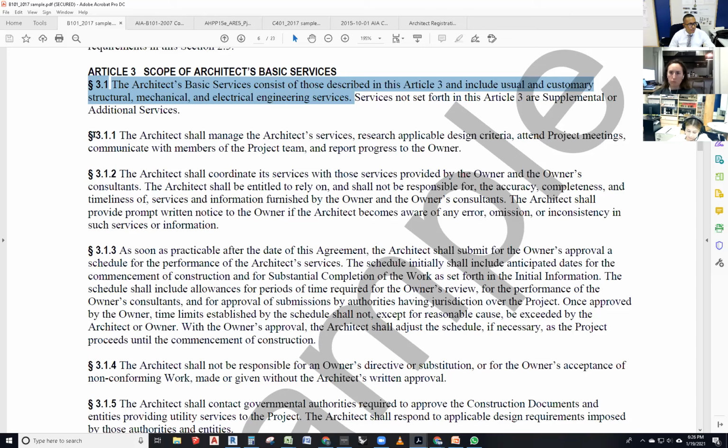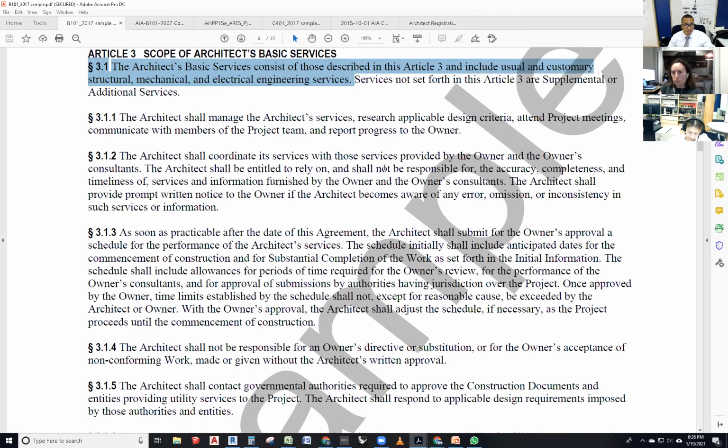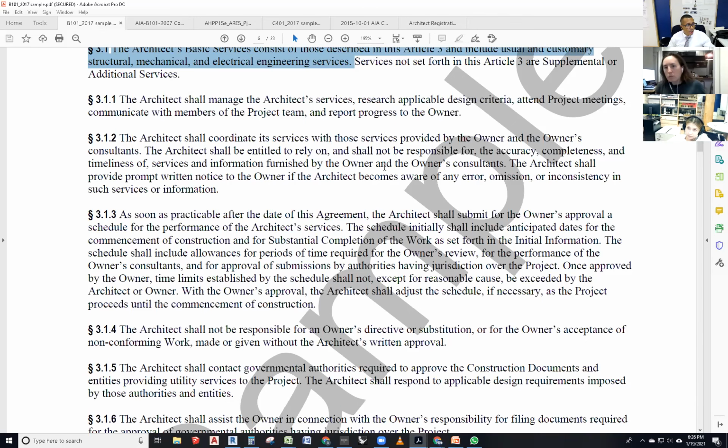So it's 3.1.1. The architect shall manage the architect's services, research applicable design criteria, attend project meetings, communicate with members of the project team, and report progress to the owner. Okay, that's it, basic. 3.1.2, the architect shall coordinate its services with those services provided by the owner and the owner's consultants.